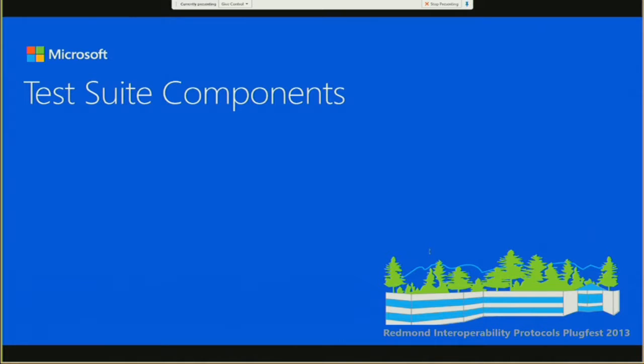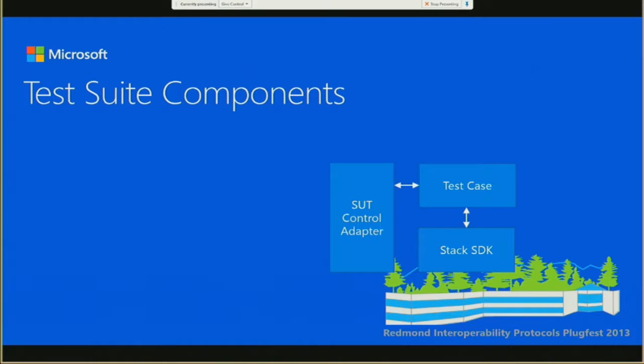On this page, I would like to introduce the test suite components. Actually, these components apply to almost all the test suites, so this is just a refresher. First, we have the test cases, and the test cases will call the test suite library.